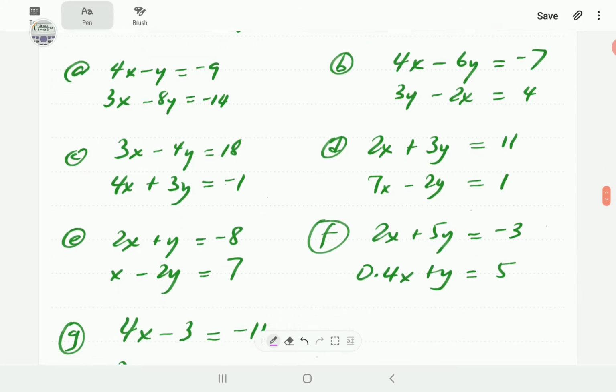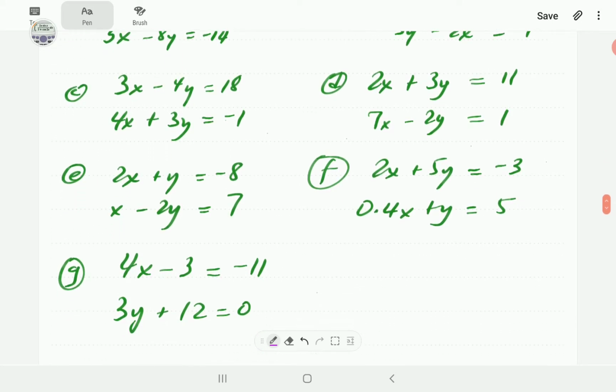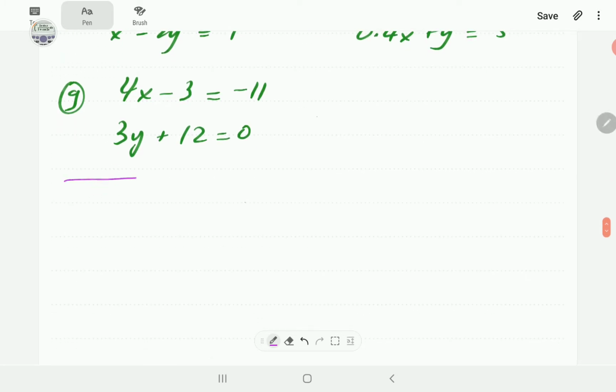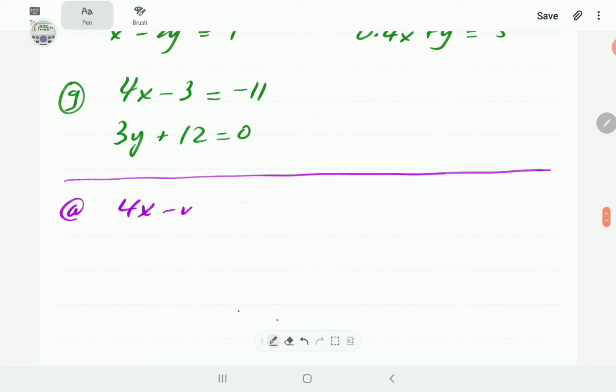In question A, we've got 4x minus y equal to -9, and 3x minus 8y equal to -14.